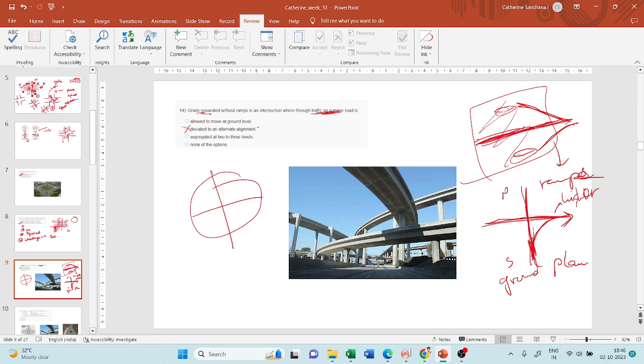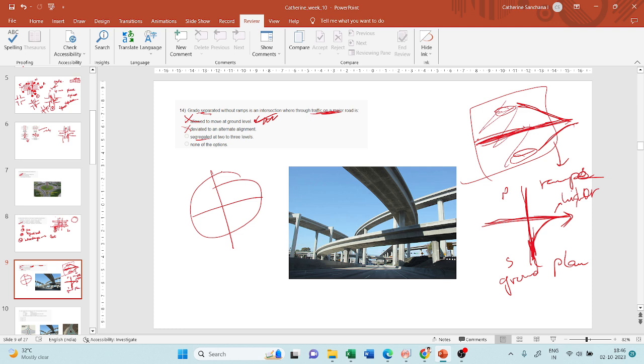The question does not say whether it should be at the ground level or at a higher level. Without ramps is two roads crossing one another at different levels. That's all. So this one is also not an option. What we saw is two roads at different levels crossing one another.